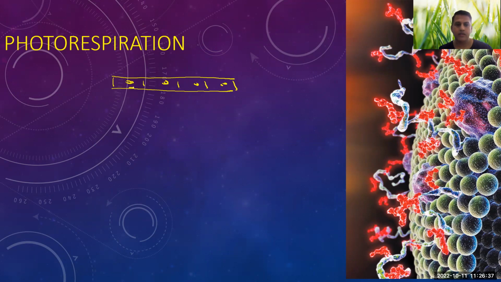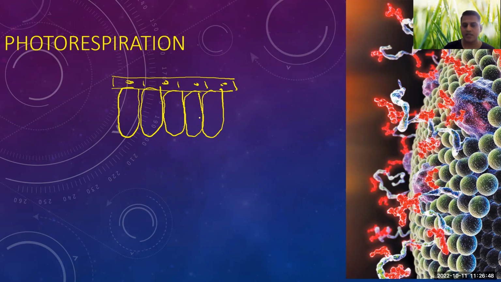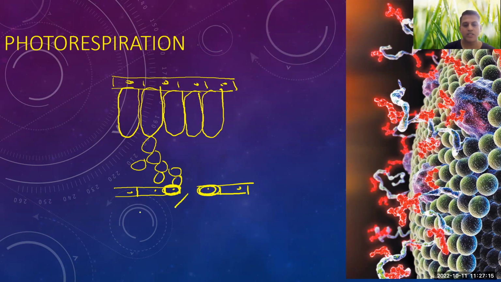Below that there is another cell layer called palisade mesophyll cells, and below that again are the spongy cells, the spongy mesophyll. The spongy mesophyll cells end in another layer called the lower epidermis, and in the lower epidermis there are two guard cells, and this opening is called the stomata.